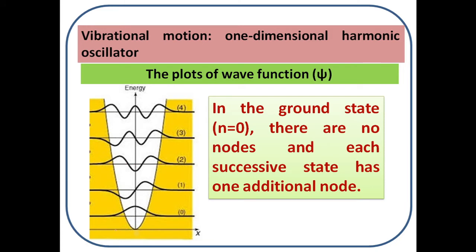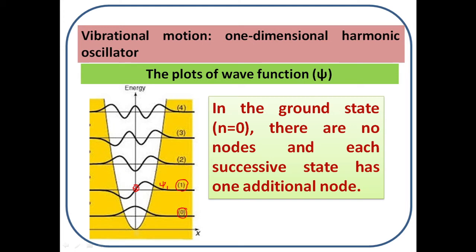Also, another point to be noted is that in the ground state, that is for the vibrational quantum number n equal to 0, if you see the wave function, you can see that there is no node. However, if we move to the next wave function, psi 1, where the vibrational quantum number n is equal to 1, we can see that there is a single node at this point.